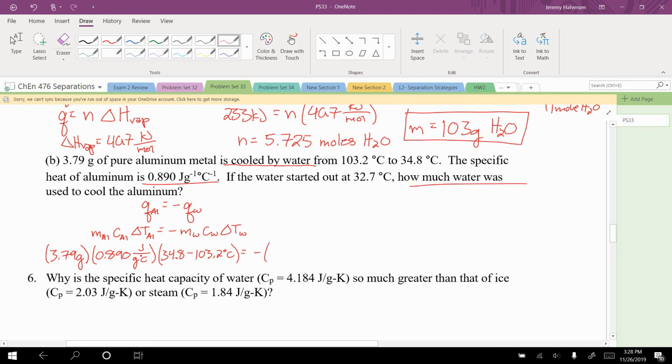How much water is used? That's what we're looking for. Specific heat of water, 4.184 joules per gram degree Celsius. That might be a good number to know. I would hope they'd give it to you on a test, but you wouldn't necessarily have to for water. And then change in temperature of my water: initial is 32.7, final is 34.8.